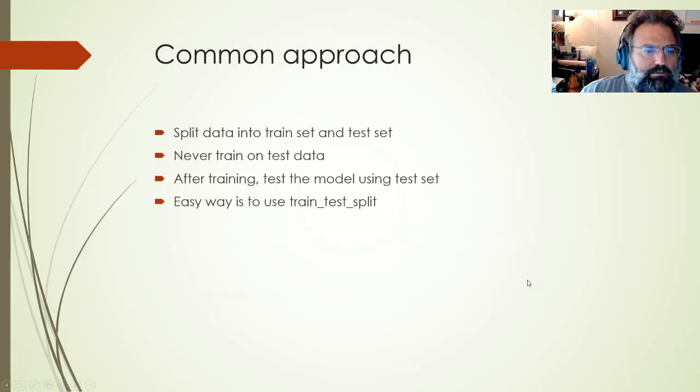So this common approach I just talked about: split the data into a training and test set. You never, ever, ever train on your test set. You don't let anything see it until you're near the end. If you do otherwise, then you've essentially invalidated your research. So make sure that you set it aside and hold it out.